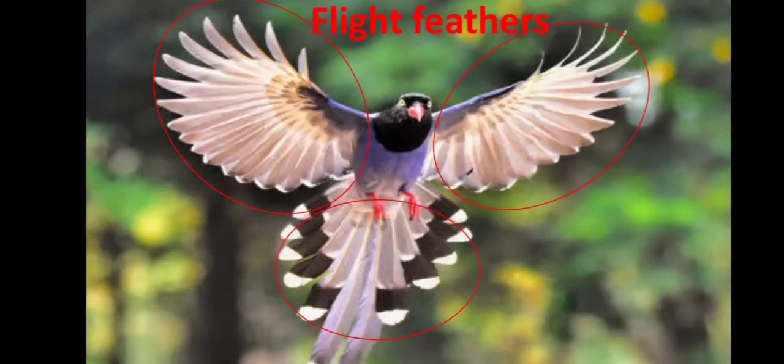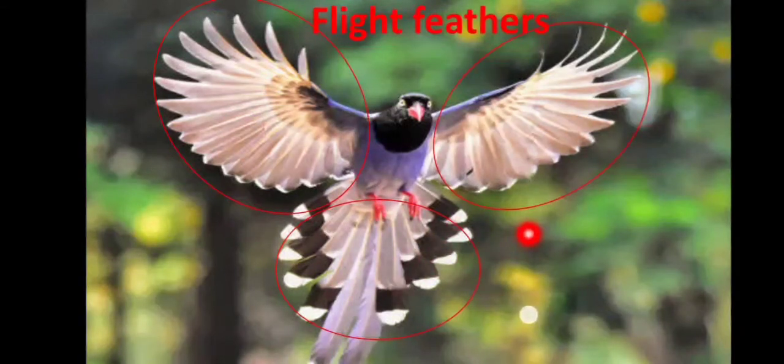Can you see flight feathers? So these are flight feathers. The feathers in wings and tail are called flight feathers. The big or long feathers in the wings and in the tail are called flight feathers.